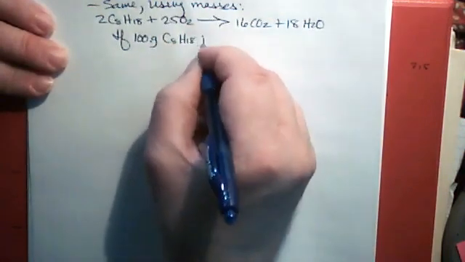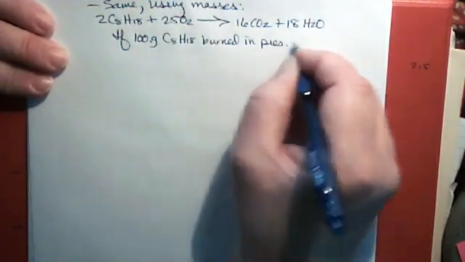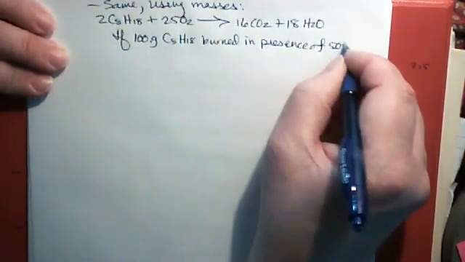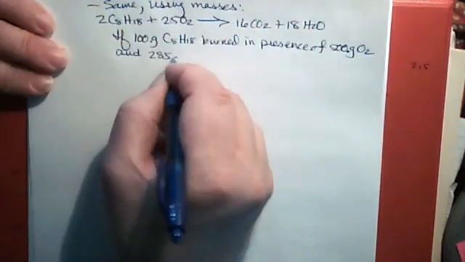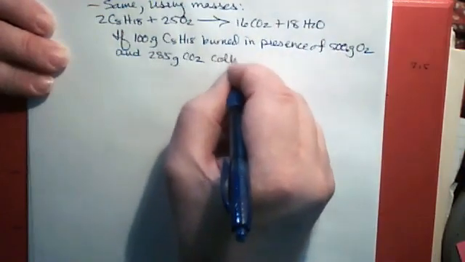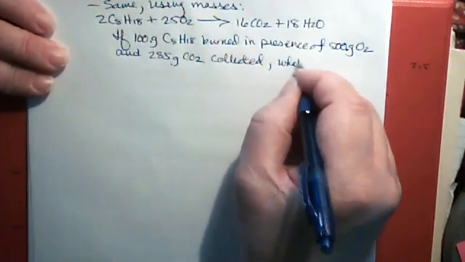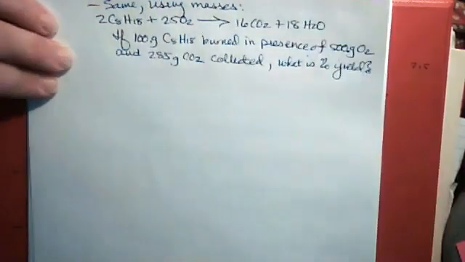if 100 grams of octane is burned in the presence of 500 grams of O2, and 285 grams of CO2 is collected, what is the percent yield of CO2?